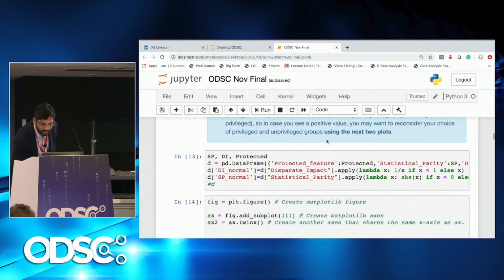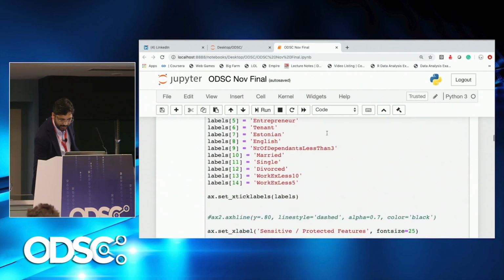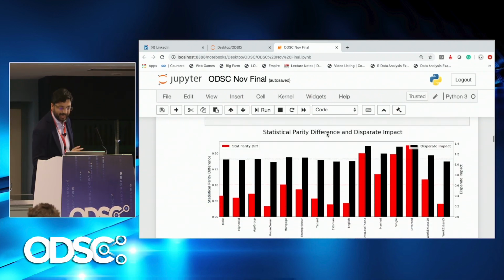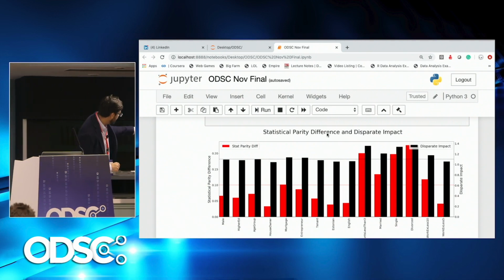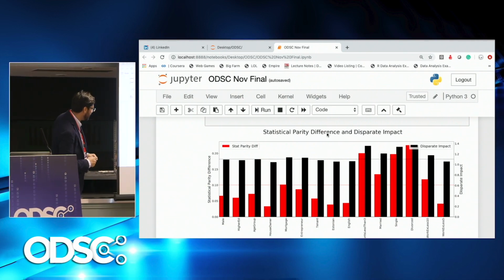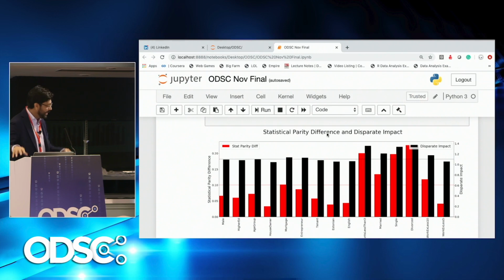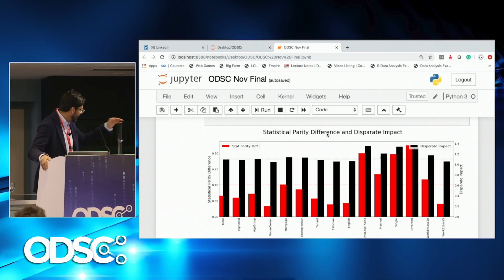Now, the same data which we saw just now, I tried plotting it, and here is the plot. The red bars are statistical parity difference, and the black bars are disparate impact ratio. The dotted black line and the dotted red line are the thresholds.